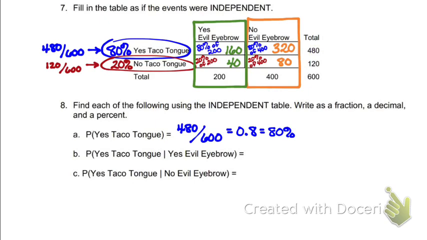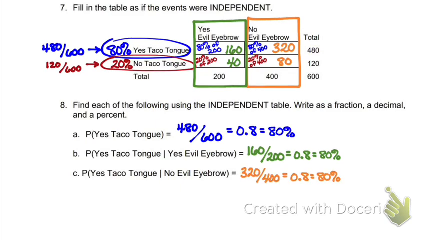That's going to be a column here for me. So 160 out of 200, which is what as a percent? 80%. What about yes to taco tongue given that we know they are a no to evil eyebrow? 320 out of 400. What percent is that? 80%.